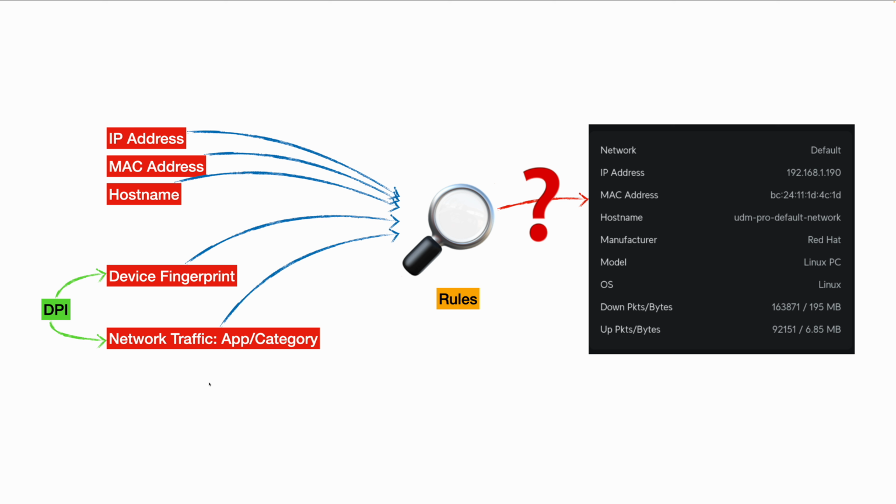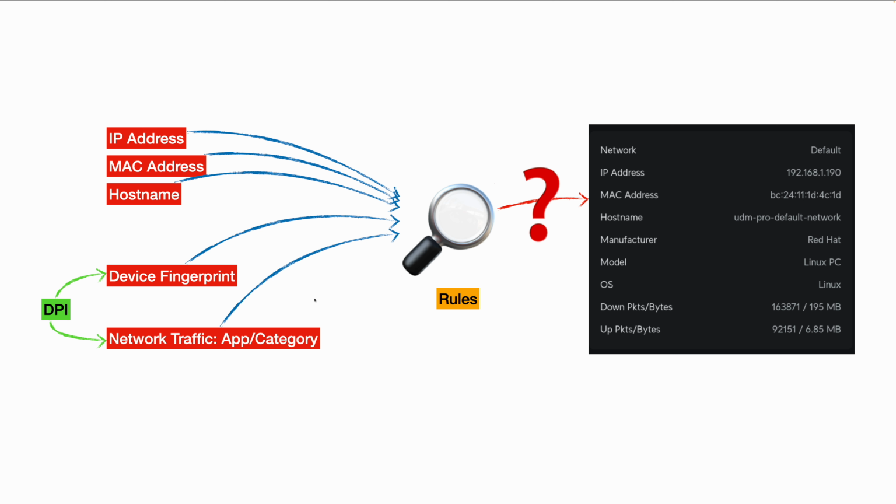To complete the device identification process, of course, it needs the raw original information about IP addresses, MAC addresses, and host names, right? This information can be easily obtained. Then by using DPI, the gateway can get the statistics for the device fingerprint and the network traffic details, the app ID and the category ID, right?